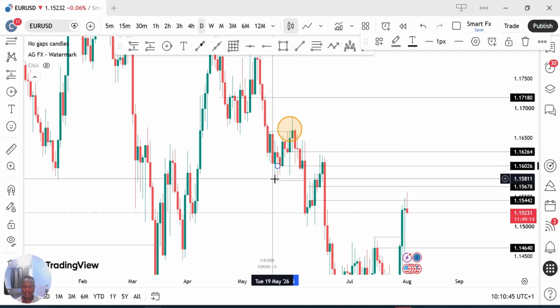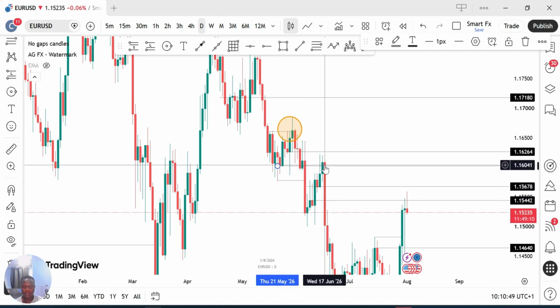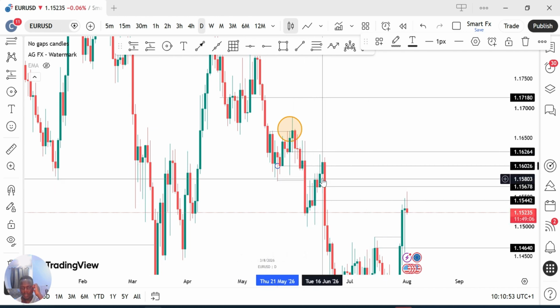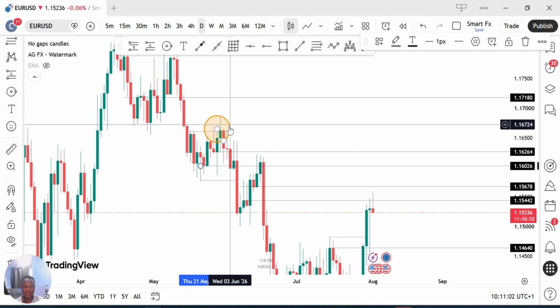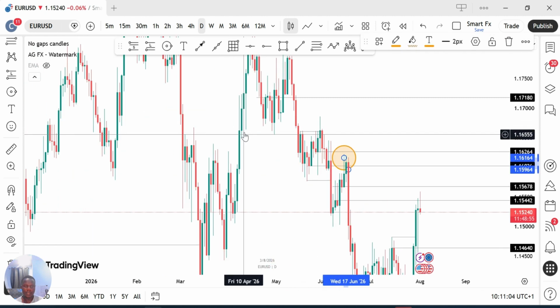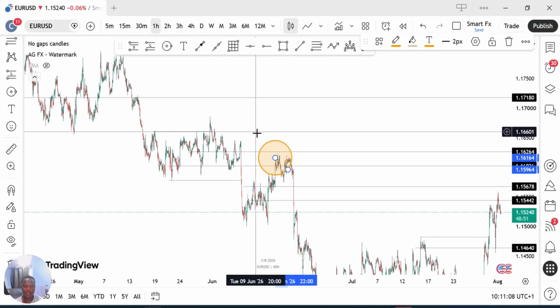As you can see, after this break of structure, we have one point here, we have another one here. I wait for markets to pull back and start rejecting. See this rejection, this first candle pulled back and rejected that place, which is somewhere here. So let me go down to my 1 hour and see whether we can find an entry at that place.